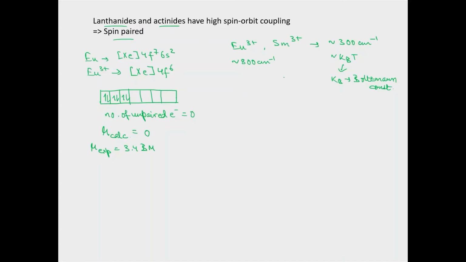place at room temperature. The ground state for europium 3 plus is 7F0, but because of this thermal excitation, the electrons can go to the excited higher J levels, where all the electrons will not be spin paired and there will be some unpaired electrons.